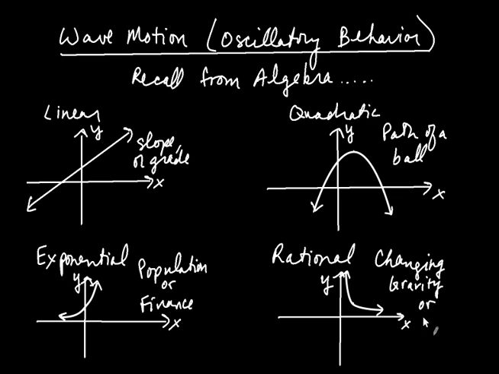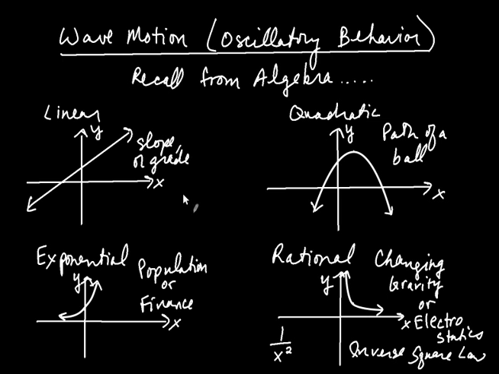Or it comes up in what's called electricity and magnetism. Let me just write electrostatics. So basically studying how the electric field changes as you get away from it. And the reason is because those obey what's called an inverse square law. All it means is that you end up getting a function that looks like this, 1 over x squared. So this is an example of a rational function, and the graph would look something like this.